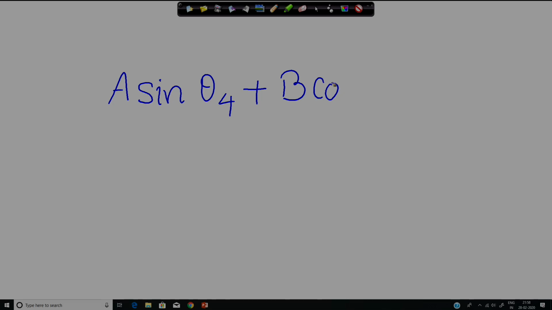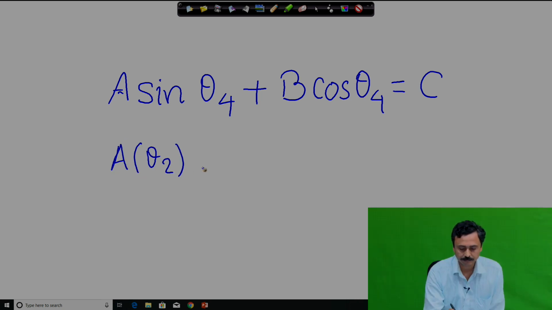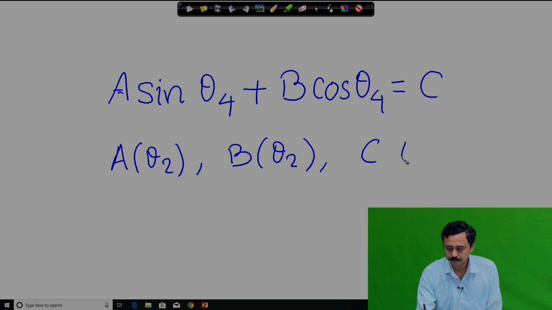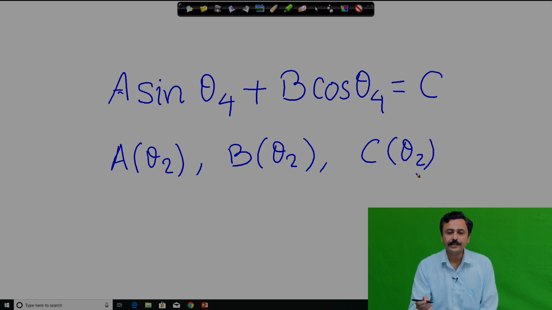Well, when we solve the problem mathematically, let us say inverse kinematics or direct kinematics, we usually solve an equation of the form A sin theta 4 plus B cos theta 4 is equal to C, where A, B, C are functions of another angle theta 2. And theta 2 is known.